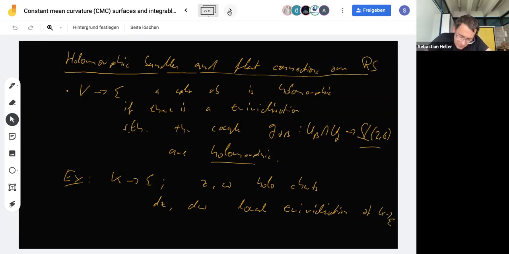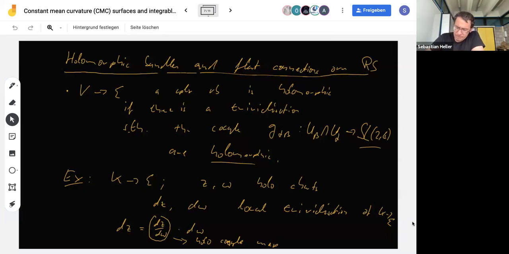And the standard computation is that dz is just dz over dw, the derivative of z with respect to w, times dw. And clearly this is holomorphic. I suppose you can still read the last arrow, right? Yeah, it should work. So this is just the holomorphic cocycle map with respect to these different local trivializations. So the canonical bundle is just a particular example of a holomorphic vector bundle.